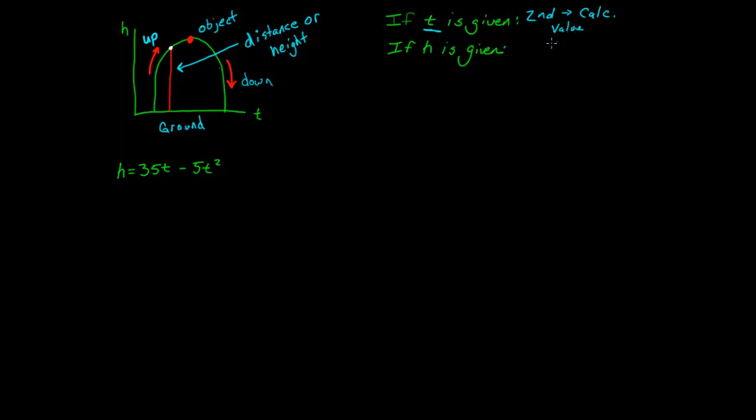We will be putting in a value. If our t is given, we will put in that value, and then it will give us what our height is. Now, if h is given, we have another step.